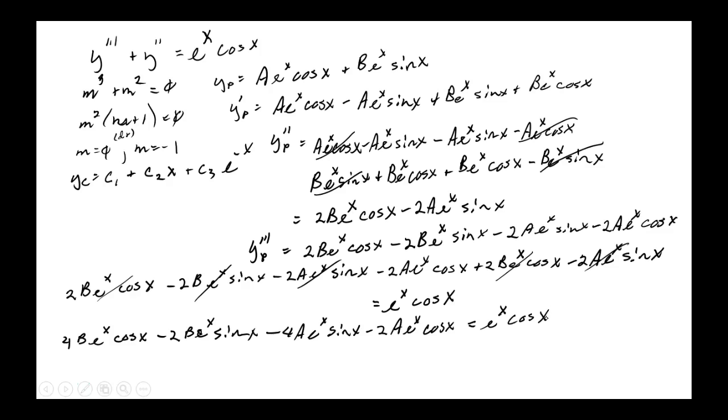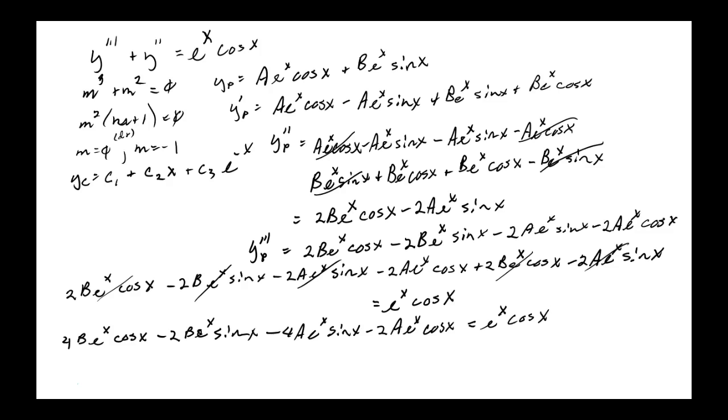Now, in order for that to be true, and here's where I made the dumb mistake, I don't even know why. Let's identify our e to the x's with a trig function. Here we have an e to the x cosine x, and we have one over here too.